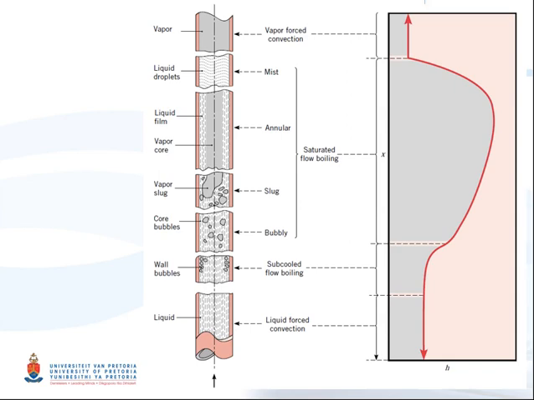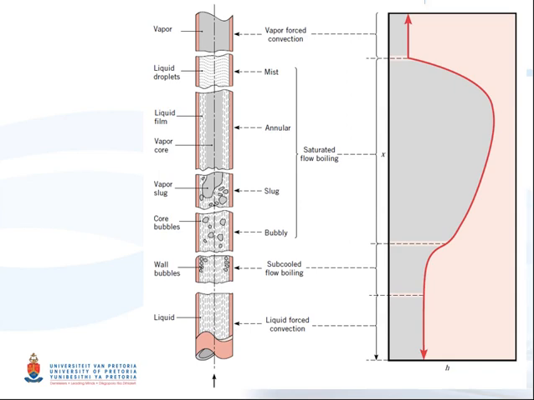Subcooled liquid enters the tube by single phase forced convection. If we go a bit up, the wall temperature exceeds the saturation temperature of liquid and vaporization begins in the subcooled flow boiling regime.